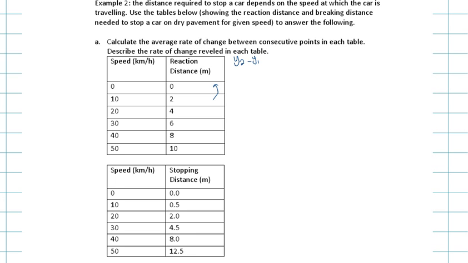This is my x's, this is my y's. So 2 minus 0 over 10 minus 0, right? y2 minus y1 over x2 minus x1. Are we okay with that? So it's going to be 2 over 10, which is 0.2.